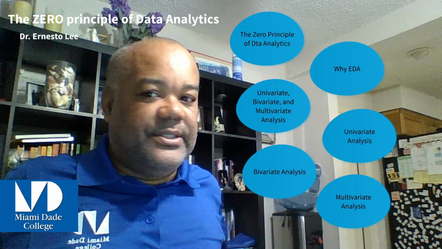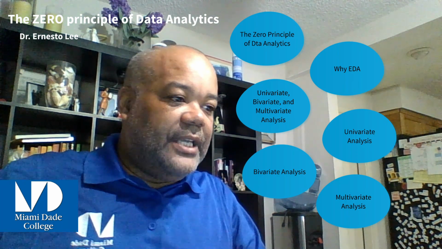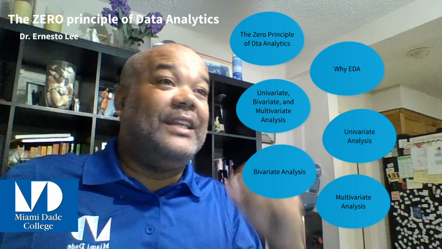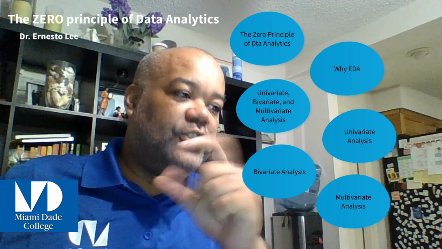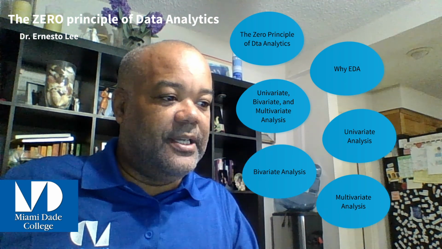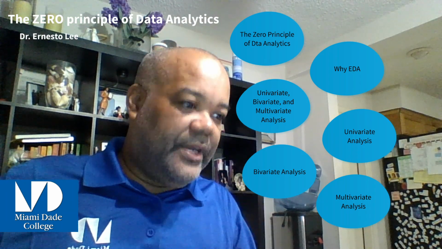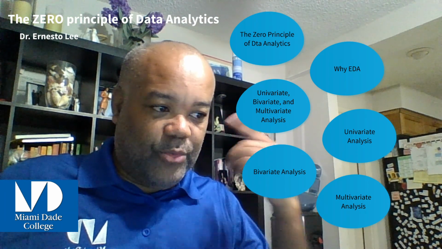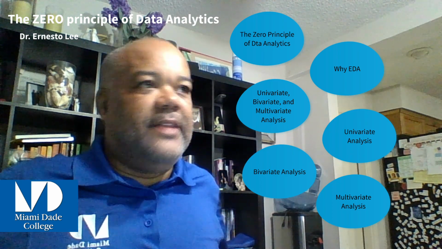That's what univariate analysis is about. Then we looked at 2 columns of data to see what kinds of insights we can pull from the relationships between 2 columns of data. And then we looked at a multivariate analysis where we can look at 3 columns or 4 columns or as many as your brain can fathom.